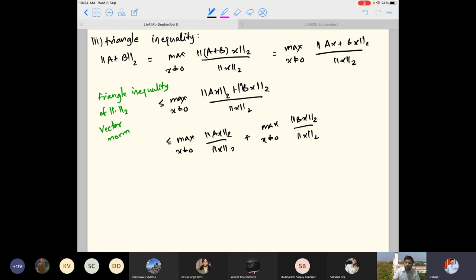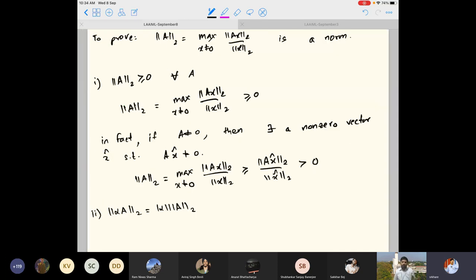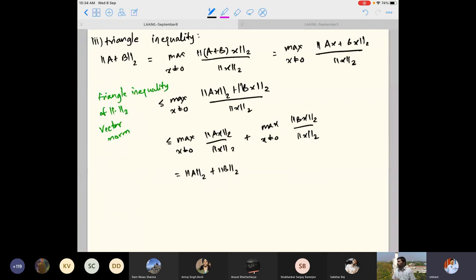This I can do because everything is happening for non-negative numbers, and this is basically nothing but 2 norm of A plus 2 norm of B. So every property that I have used here is a property of vector norms, right? The vector norm which induces this matrix norm, I am using properties of those vectors. So that's what I have done.